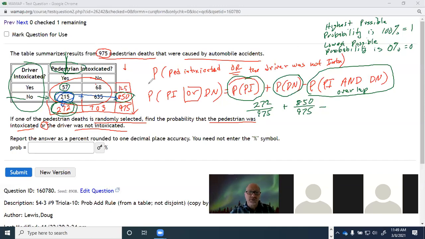And that is where they were both, the pedestrian was intoxicated, yes, and the driver was not intoxicated, no. So that 215 got counted twice. Okay, so we'd have to then go and just add up those. Now this is addition, not multiplication. So we have the same denominator, 272 plus 850 minus 215.